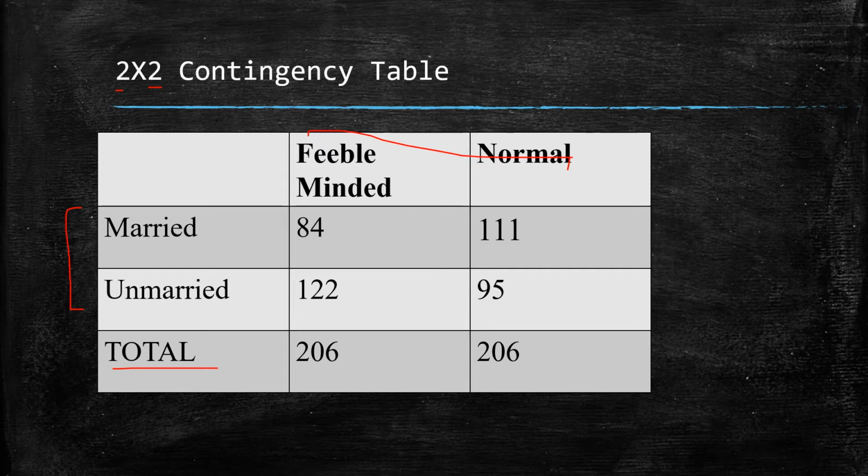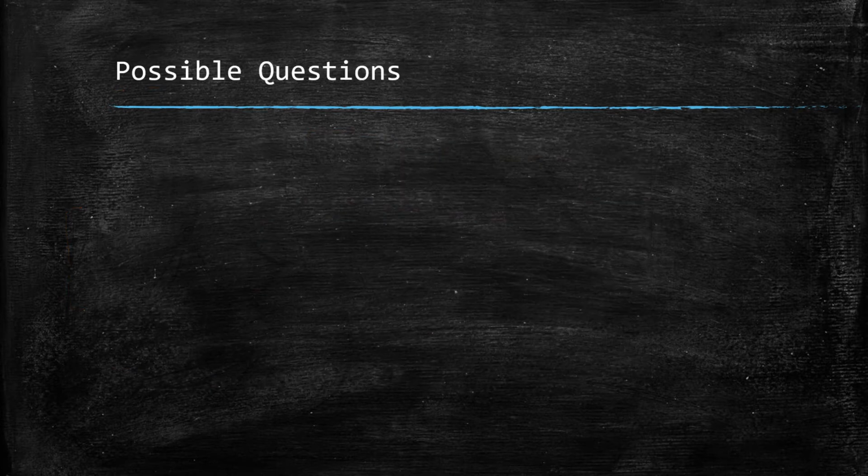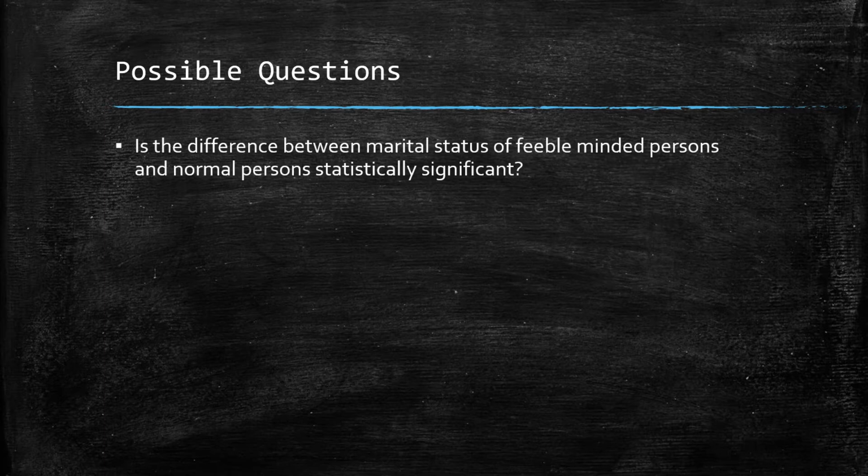In this table, there are 2 variables. One is the marital status and the other is the intelligence level. The possible questions which can be based on chi-square tests are: number 1, is the difference between the marital status of feeble-minded persons and normal persons statistically significant?